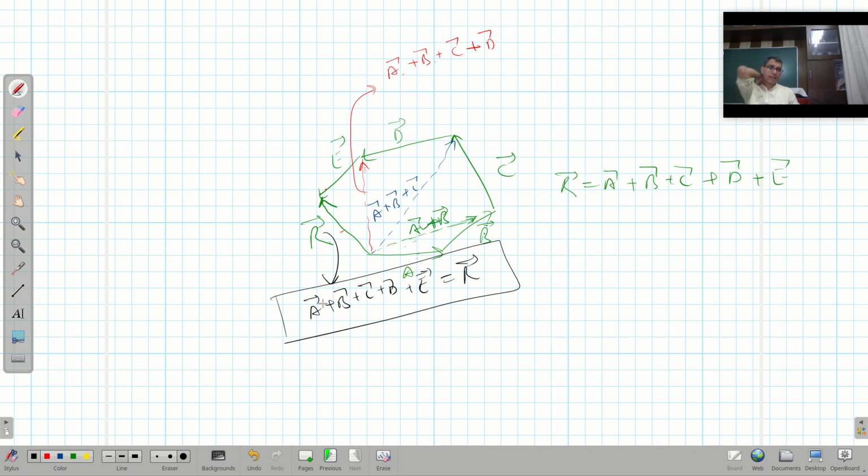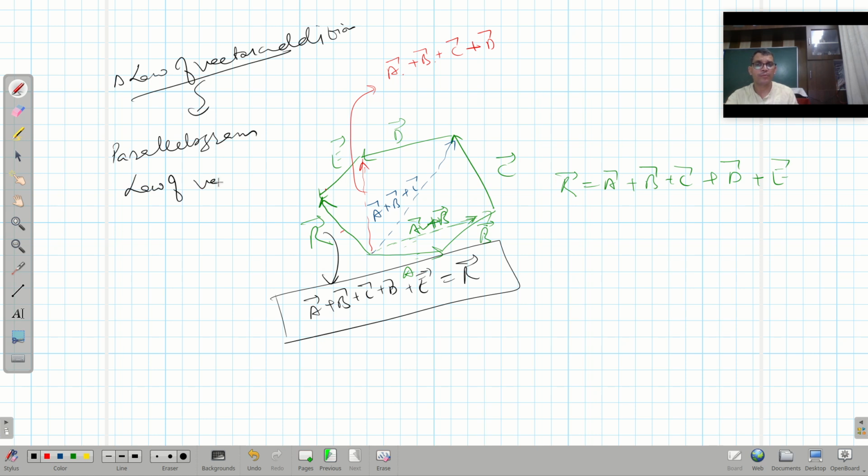So this is how we can relate to our triangle law of vector addition, or how the triangle law of vector addition helps us to derive the parallelogram law of vector addition and the polygon law of vector addition.